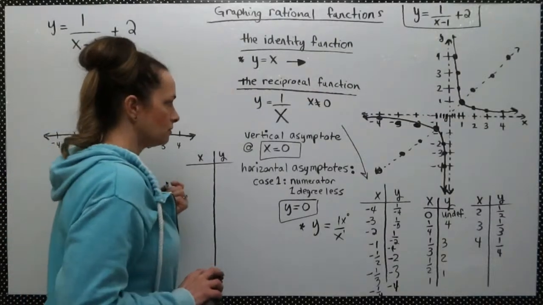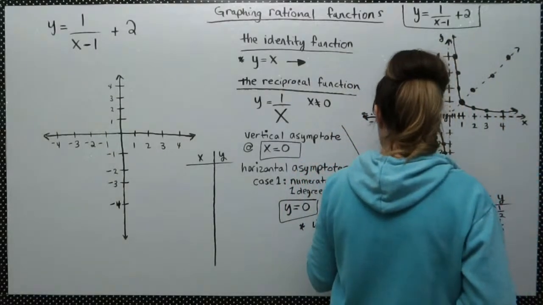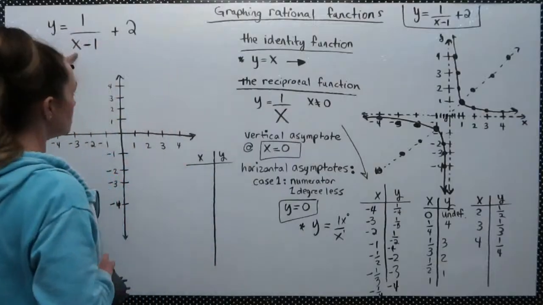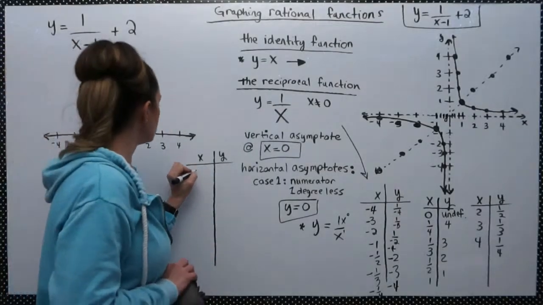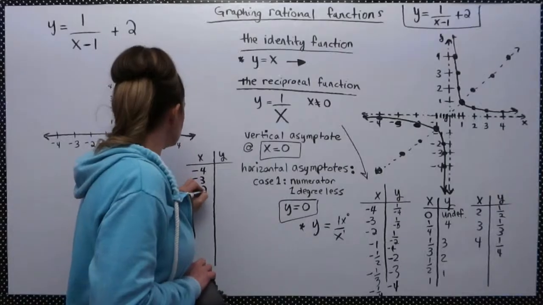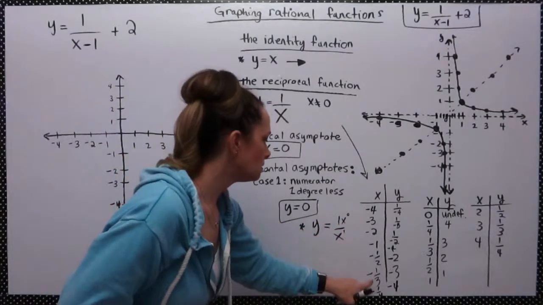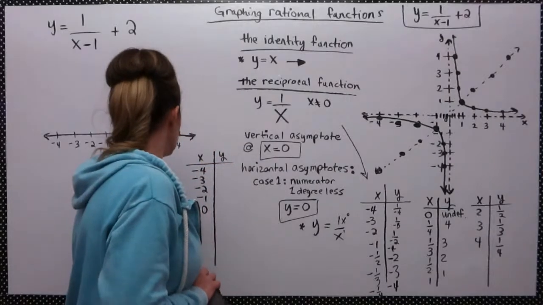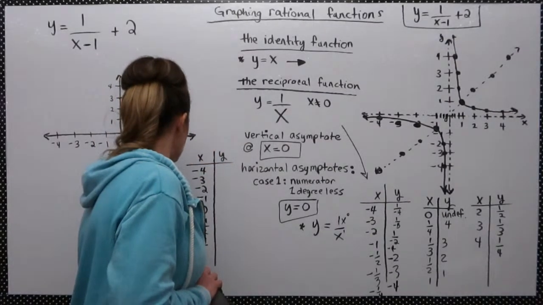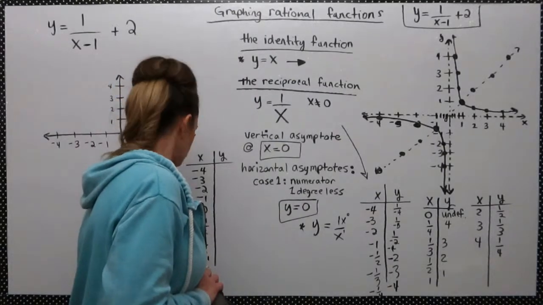All right, so if we start out with -4, all we're doing is plugging in. We'll make a list here: -4, -3, -2, and so on, and we'll do some of these fractions: -1/2, -1/3, and -1/4.